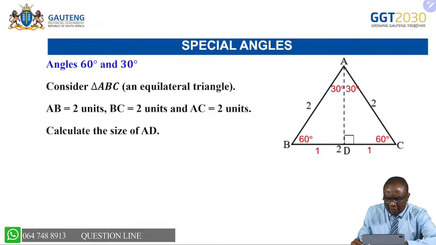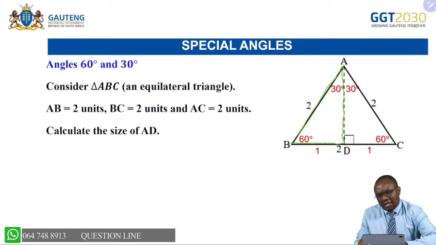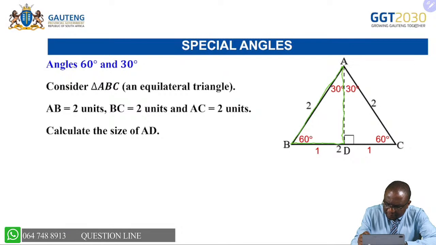Right. Now, the Pythagoras theorem, what does it say? Let's concentrate on this triangle. Okay. Right. What are we going to do? Or even this one. I think I used this one. No, it's fine. It's okay.